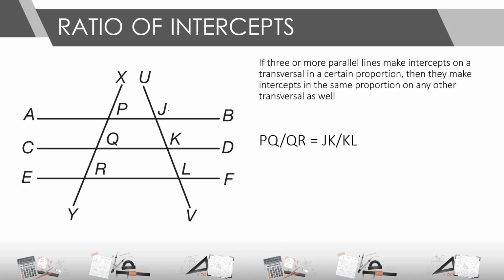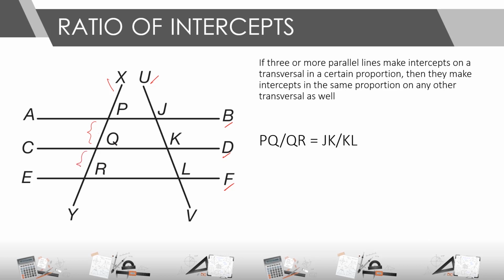Now when we have more than two parallel lines and there are more than two transversals also, a special scenario arises where we have multiple intercepts. These intercepts satisfy a certain condition, and the condition is that the line segments cut by these parallel lines will be in the same proportion.